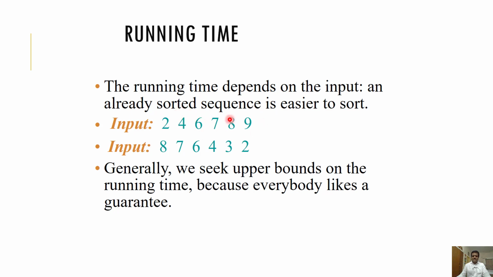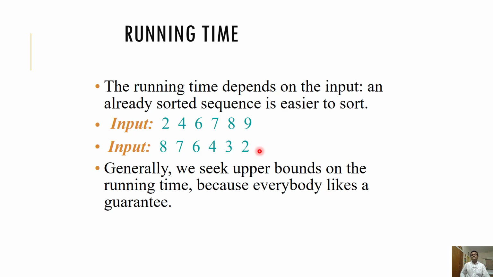But on the other hand, if we have a reverse sorted array, then everybody has to come forward to the beginning in that jth loop. So the number of comparisons will be more if the array is reverse sorted compared to if the array is sorted.